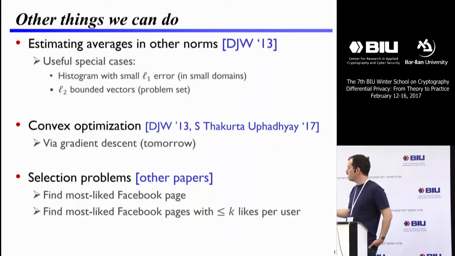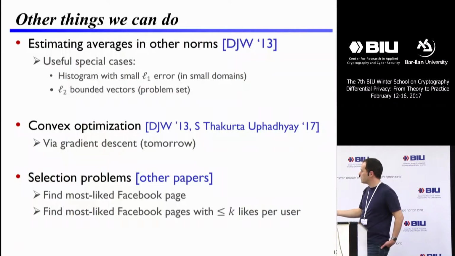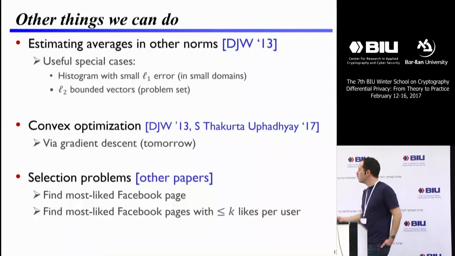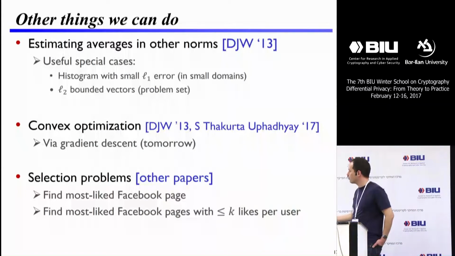One specific interesting case is estimating a histogram on a relatively small universe, optimizing for L1 error, not L infinity error. Another interesting case is L2 bounded vectors, and that one's on the problem set that we'll look at in a little bit. There are also nice protocols for convex optimization via gradient descent and other techniques that I'll mention tomorrow.